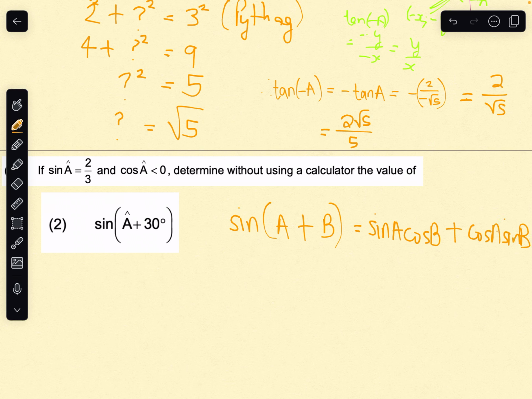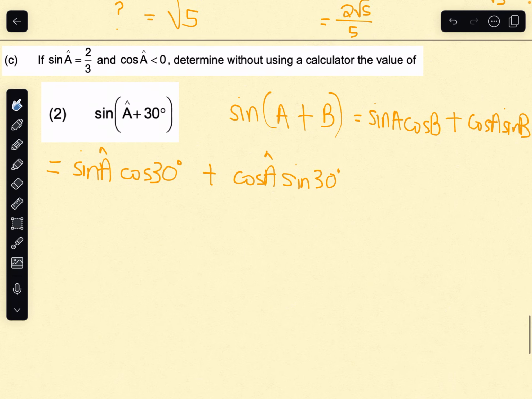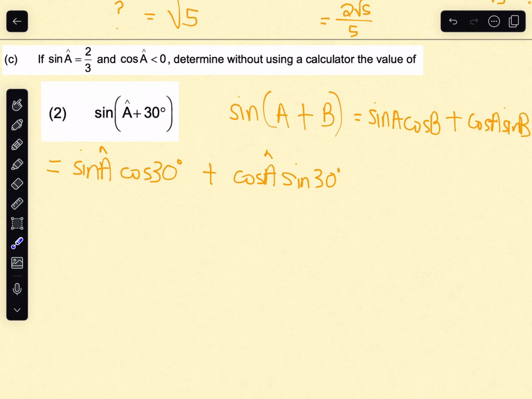So this ratio we are being asked to evaluate is the same as sine a cos 30 plus cos a sine 30. And we're not allowed to use a calculator, so you need to know your special angles ratios.